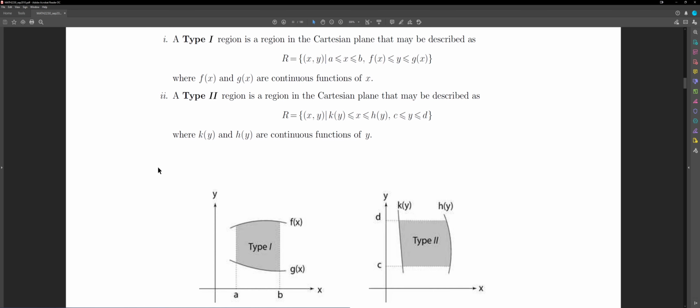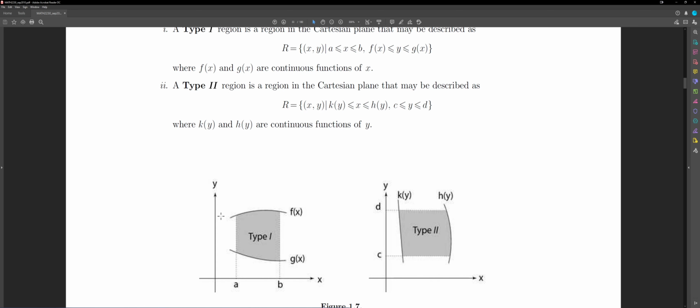What a type 1 region is, you want to realize that this in a sense has a sort of rough rectangular shape. This is a region in the xy plane. You have two vertical lines over here, but instead of, in the case of a rectangle, where you'd have two horizontal lines, the top and the bottom here could now potentially be curves.